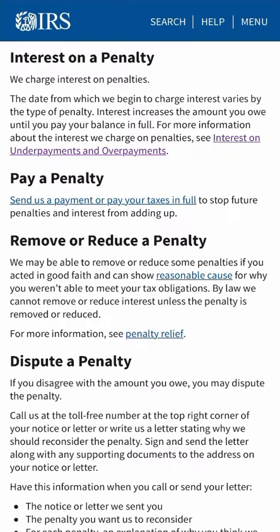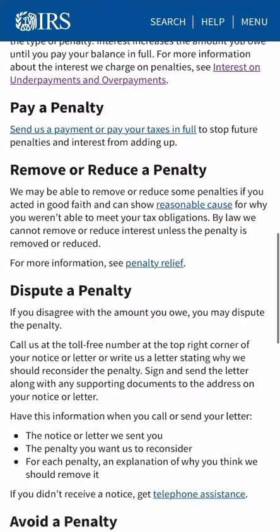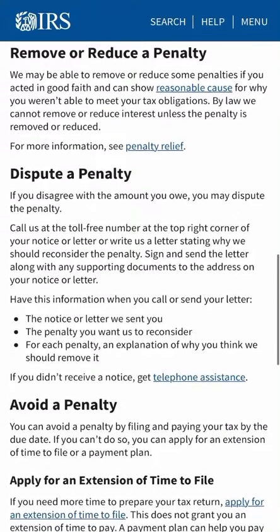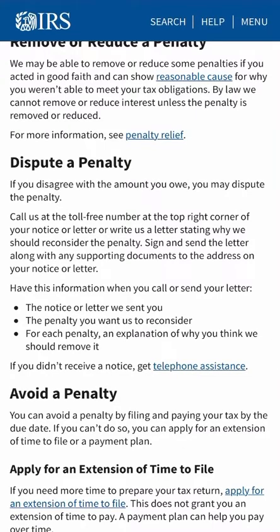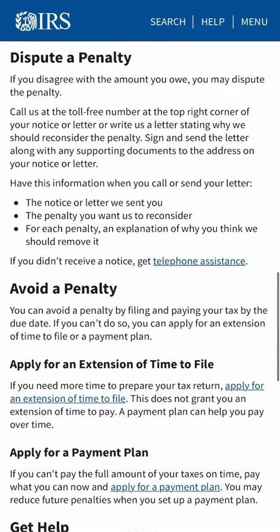Again, I've said this before, that by law, the IRS cannot remove or reduce interest unless the penalty has first been removed or reduced. So you want to go through that process to see if you can apply for penalty relief or penalty reduction, so that way you can get your chances of challenging the interest more so.